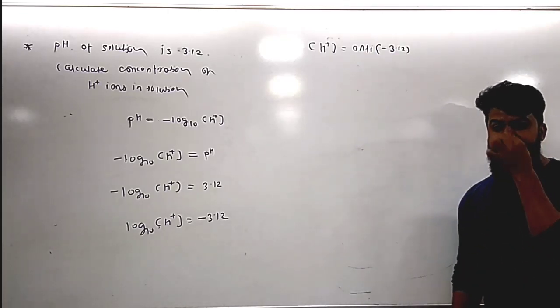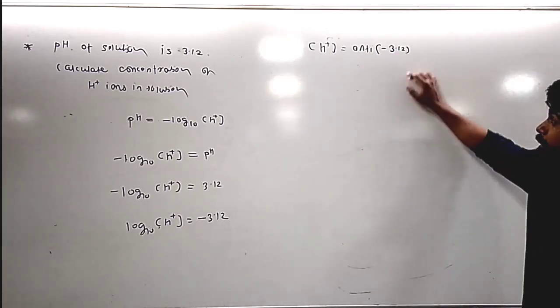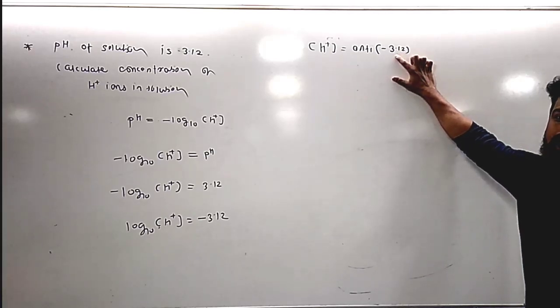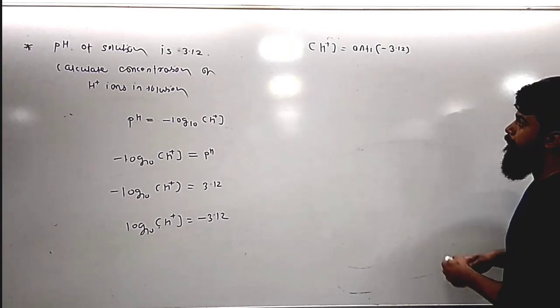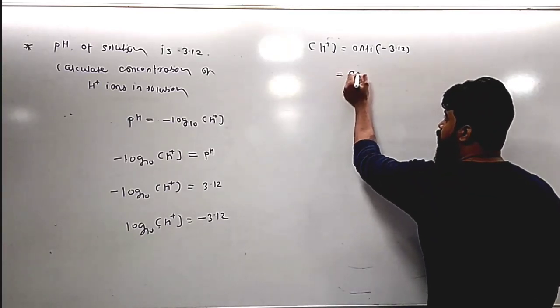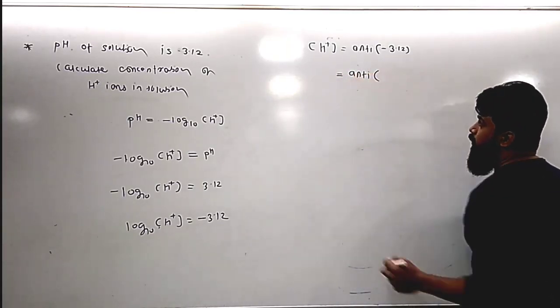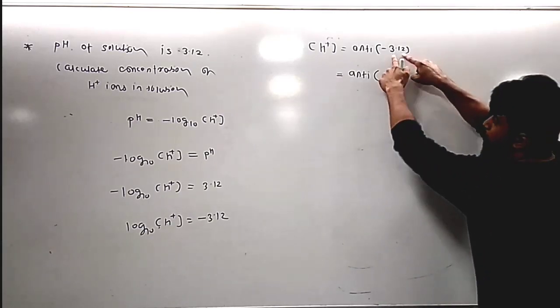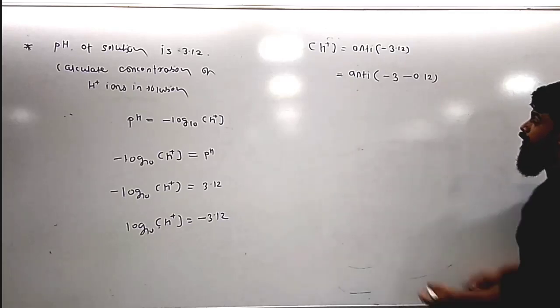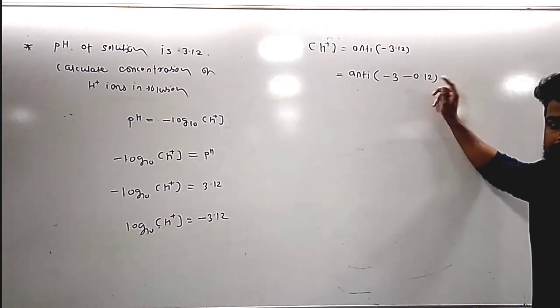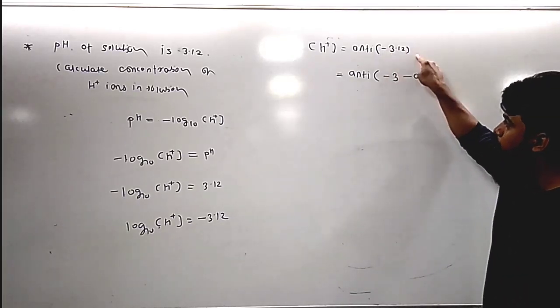This is the important section we want to discuss here. People get confused about calculating the anti-log of a negative term. So when you want to find the anti-log of a negative term, you have to separate both the terms: minus 3 minus 0.12. Minus 3 minus 0.12 combined is nothing but minus 3.12.